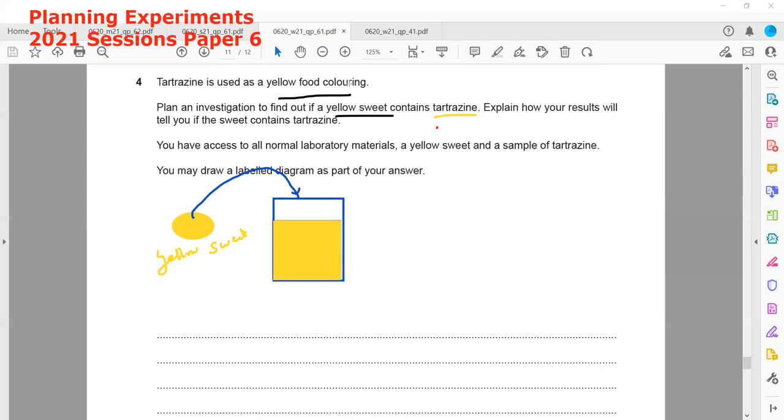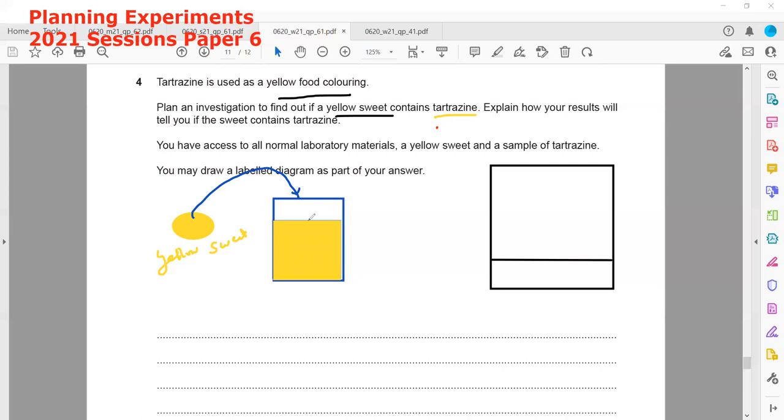Then we will use chromatography. I'm explaining the process and then I will write the points as well, which include the answer. So we'll use a chromatogram. Always mention we'll draw the origin with pencil.